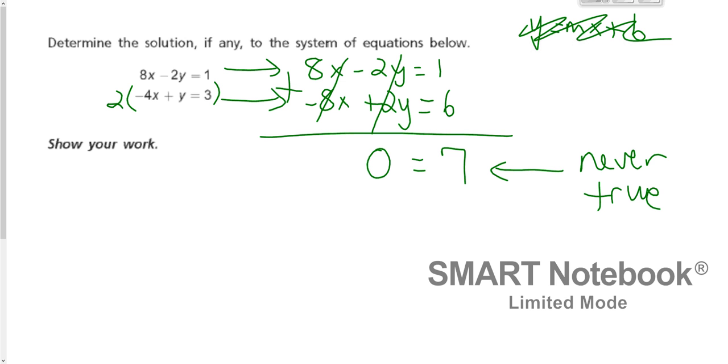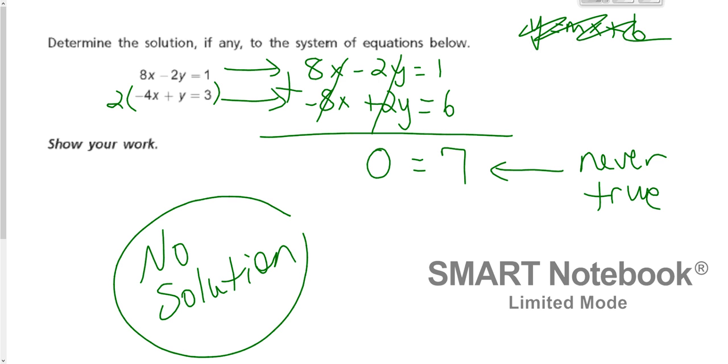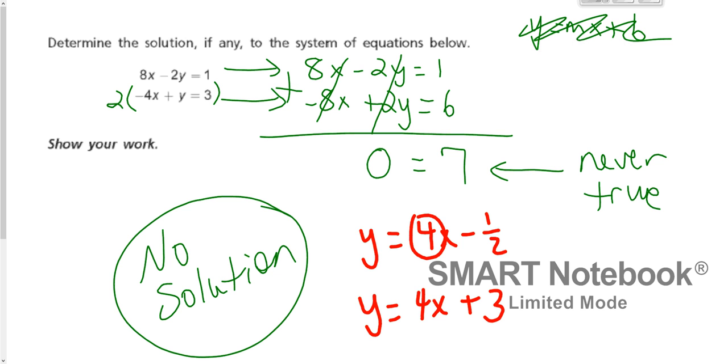So if you remember from Unit 1, this tells us that this system of equations has no solution. And if I did want to rearrange both of these into slope-intercept form, the top equation would be y equals 4x minus 1/2. And the bottom equation would be y equals 4x plus 3. And since they have the same slope, we see that they are parallel, so they have no solution.